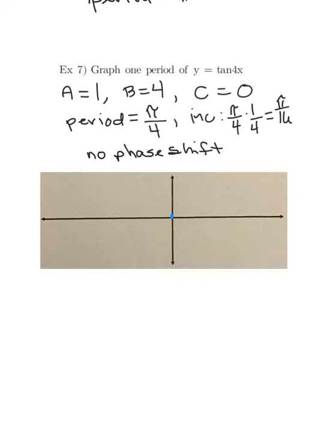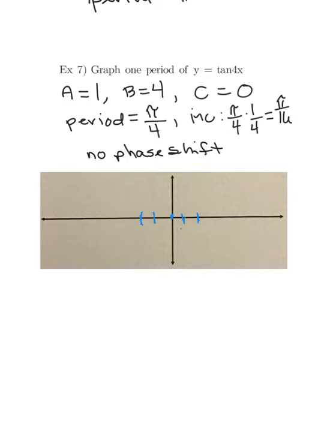And what's a little bit different from when you graph a sine or a cosine, from a sine or a cosine, you just start at 0 and count out 4 more places. On a tangent or a cotangent, you find where you are on the x-axis, and then you go 2 to the right and 2 to the left of that point. So we are going to go 2 marks to the right and 2 marks to the left, and we're going to count by pi over 16.